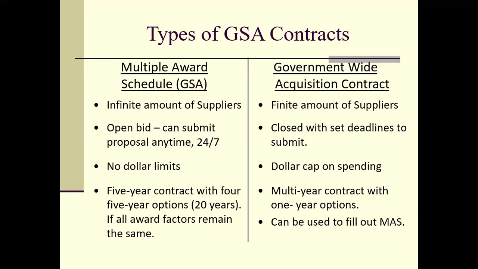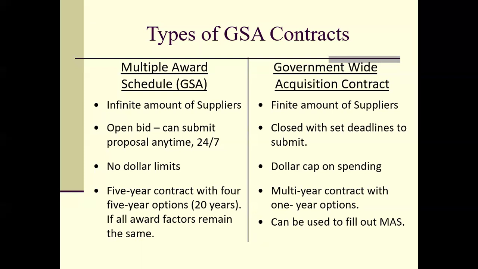The other thing about these GWACs is you can use them to fill out your MAS contract. Let's say you have an IT contract on the GSA schedule side, and you also have an 8A STARS contract. 8A STARS has a whole list of labor categories. In fact, as I recall, there's almost 45 to 50 different labor categories on that contract.